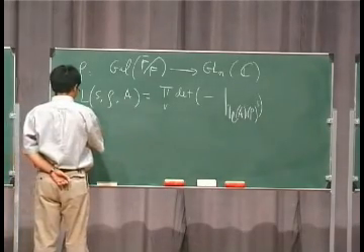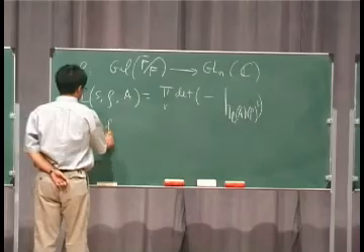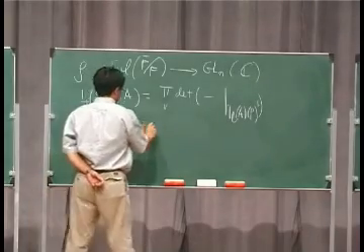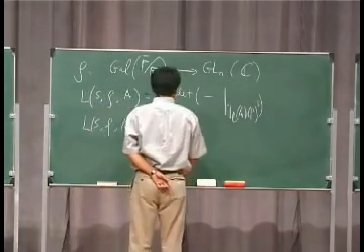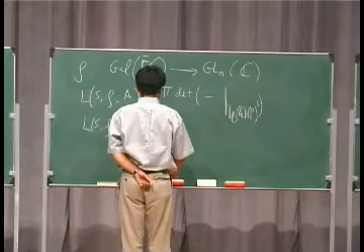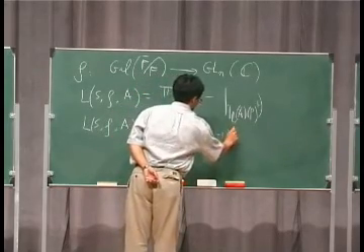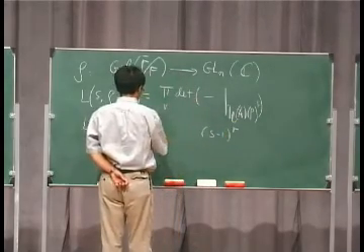So you will have that L(s, rho, A) has a Taylor expansion of order r. Then this leading term has a lot of things in it.